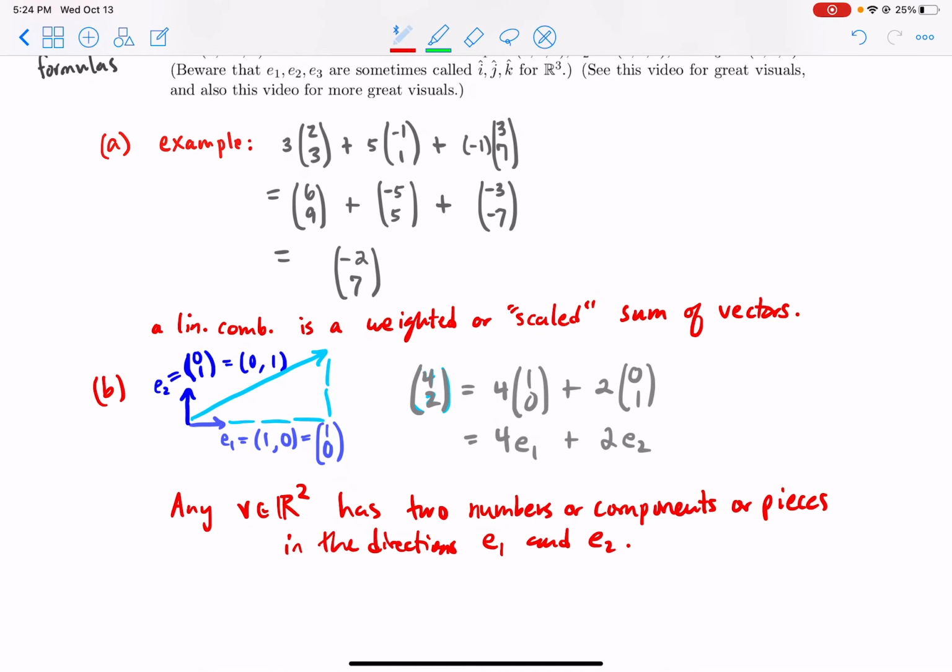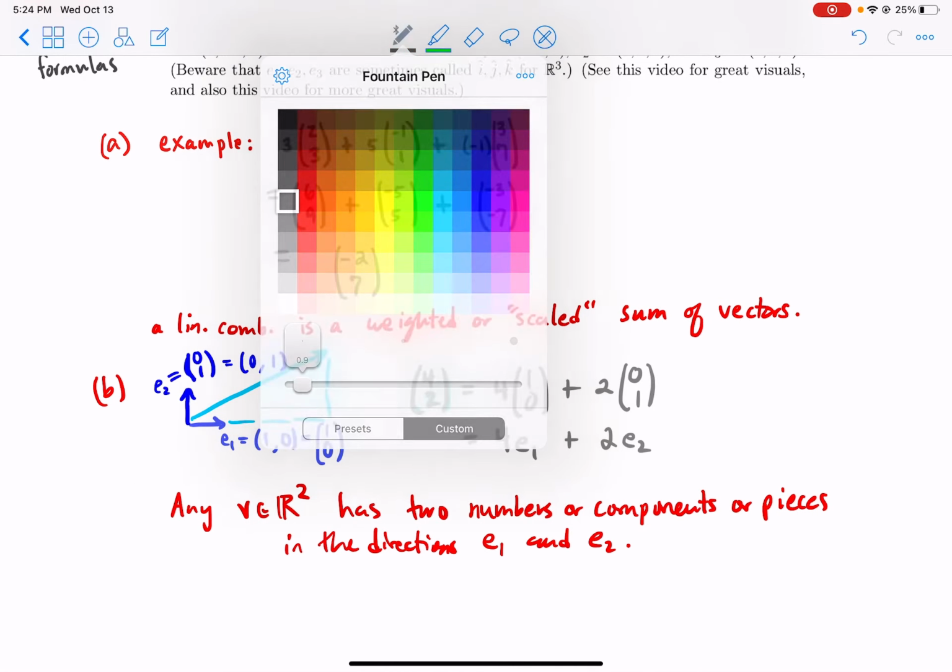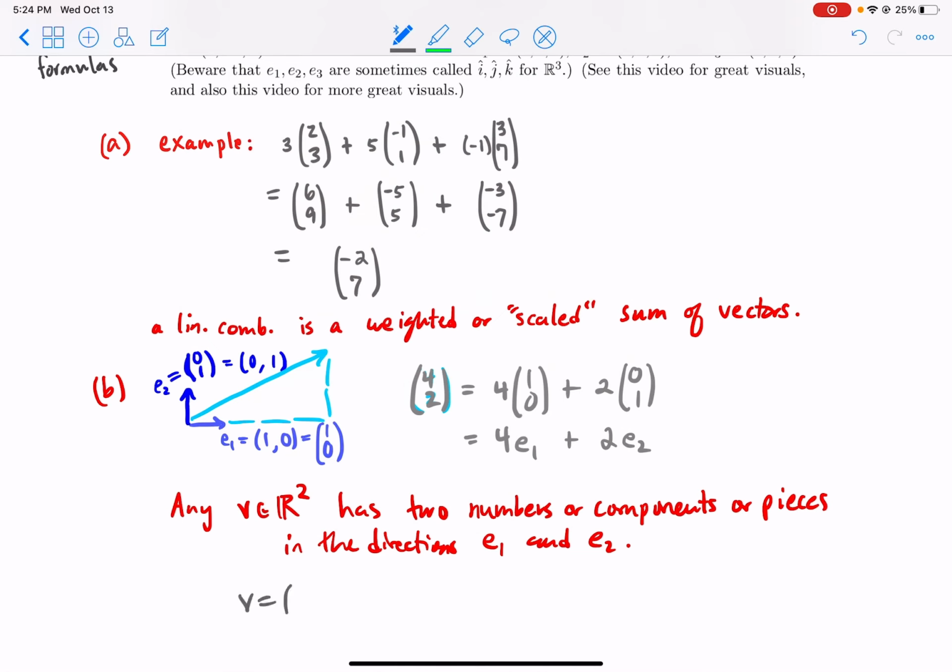And then the formula is that if v is some vector like (4, 2), then that's equal to v1 e1 plus v2 e2, where the vi are just real numbers like 4 and 2.